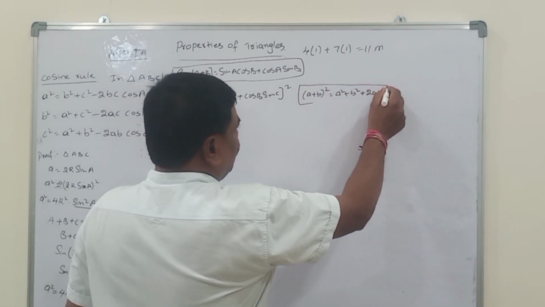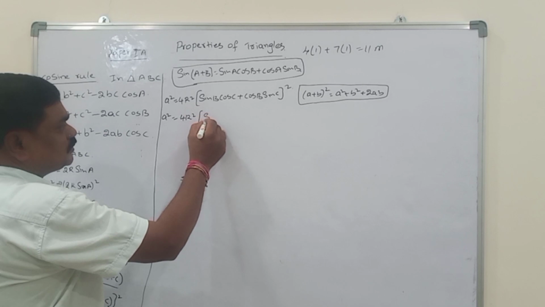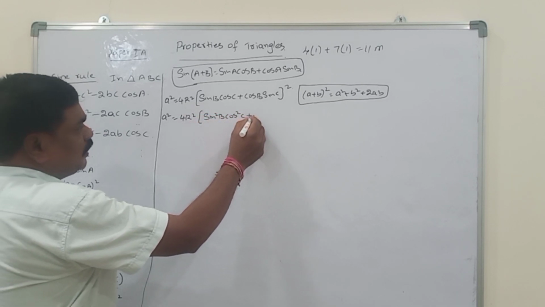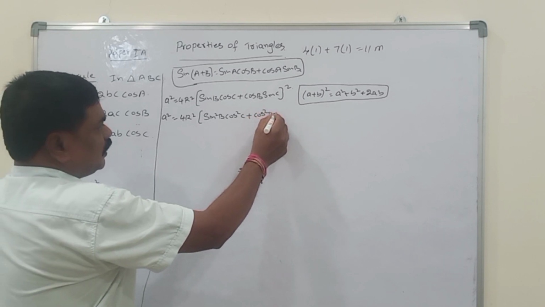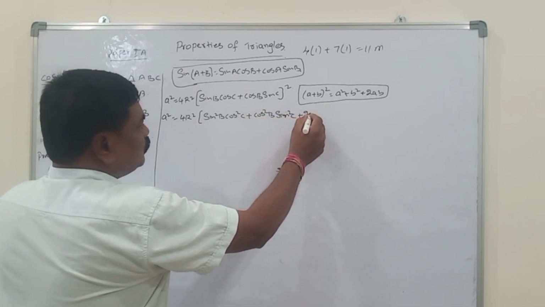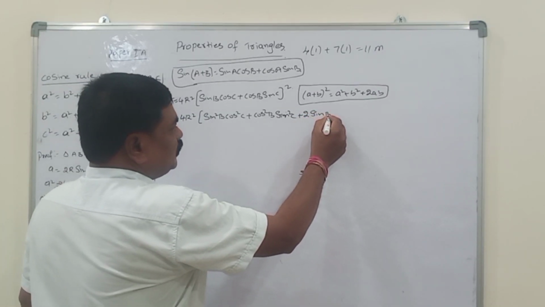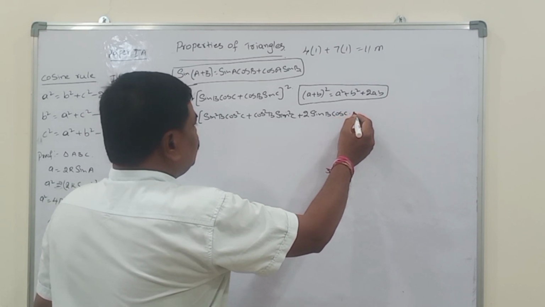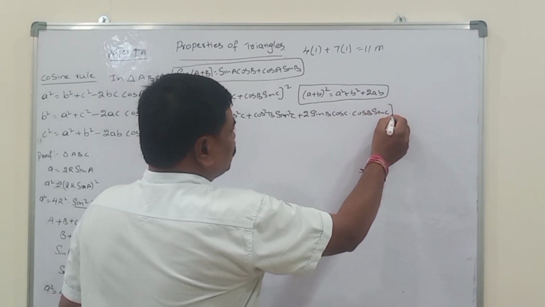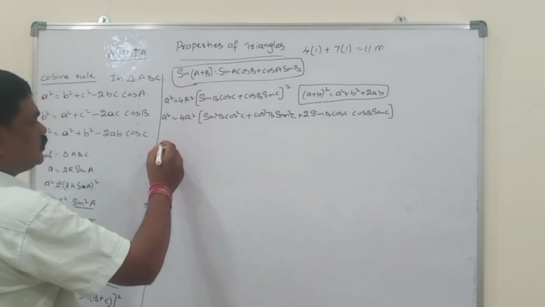This is the algebraic formula. So this is sin square B cos square C plus cos square B sin square C plus 2ab, which means 2 into sin B cos C into cos B sin C.